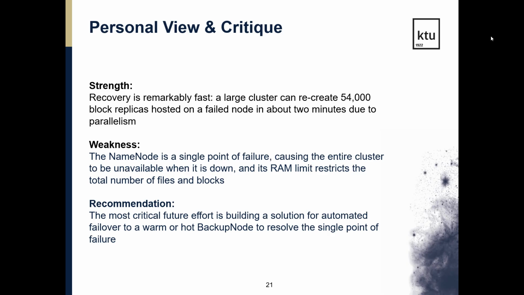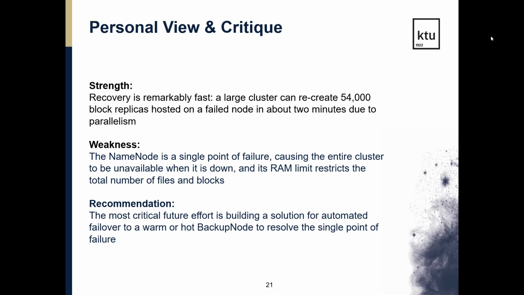Recovery is remarkably fast. That's one of the main strengths. Even if a system fails, it can reboot as soon as possible and recreate all those blocks in just 2 minutes. But the main weakness is the NameNode, which holds the entire metadata image in RAM, and if there's less RAM, it's difficult for us to process it.